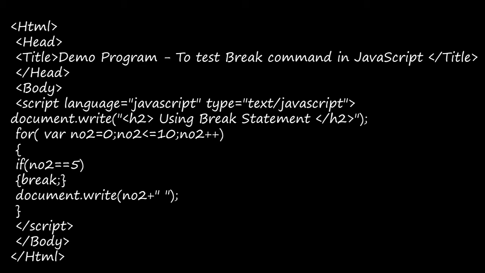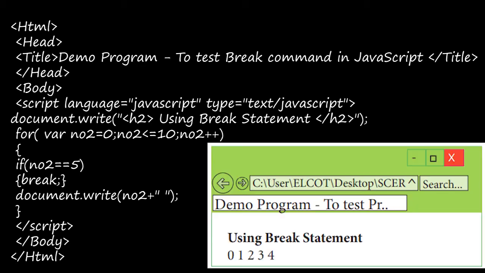That means it will stop at 5. Okay, if no2 is equal to 5, break. So the loop will be terminated at 5. Okay, that is break. Here inside this if block we have used break. So if the value of no2 becomes 5, the looping will be terminated or stopped, right?